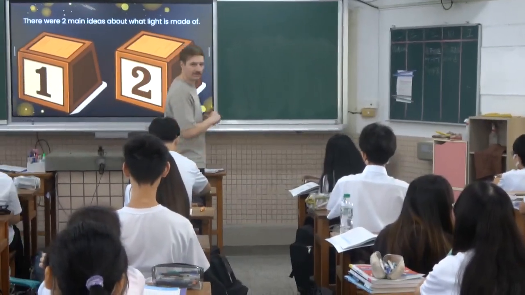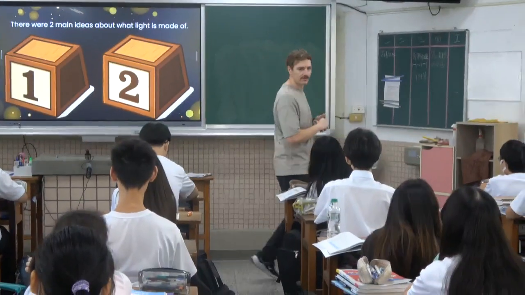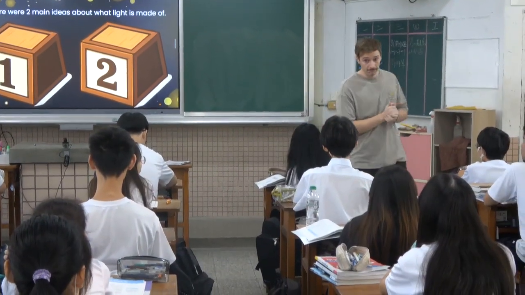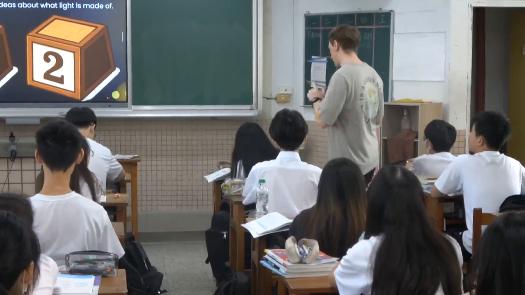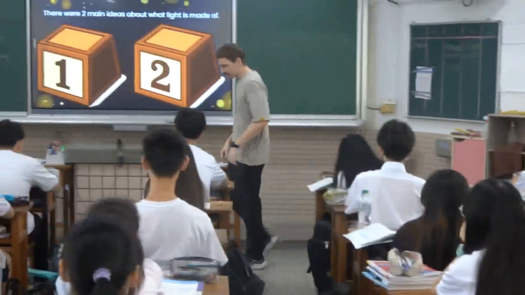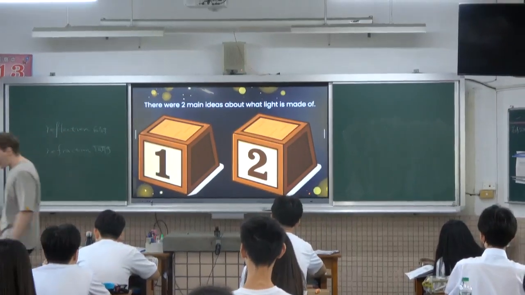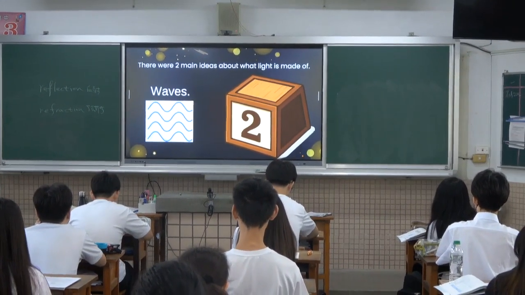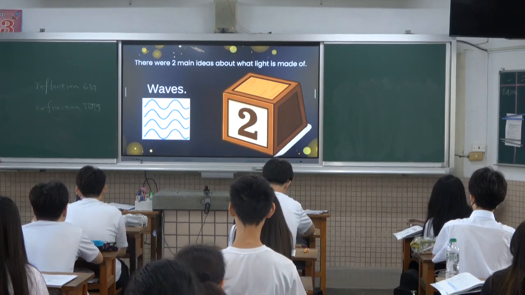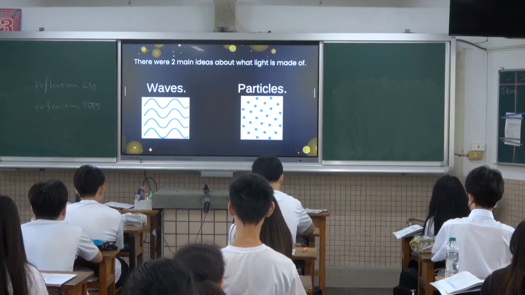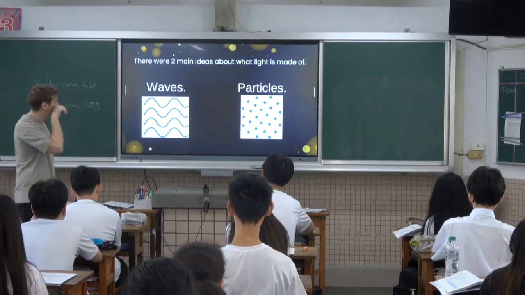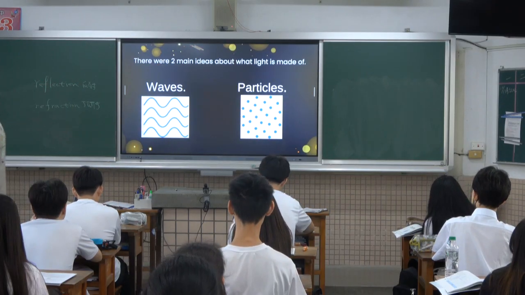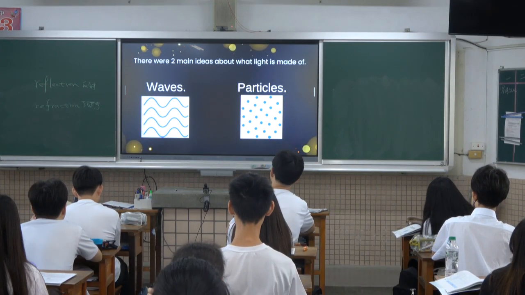Can you tell me one or the other? Right, so you said first that maybe they are made of waves, right? Or particles, right? You also said that, right? Waves or particles. So light is made of waves or particles.